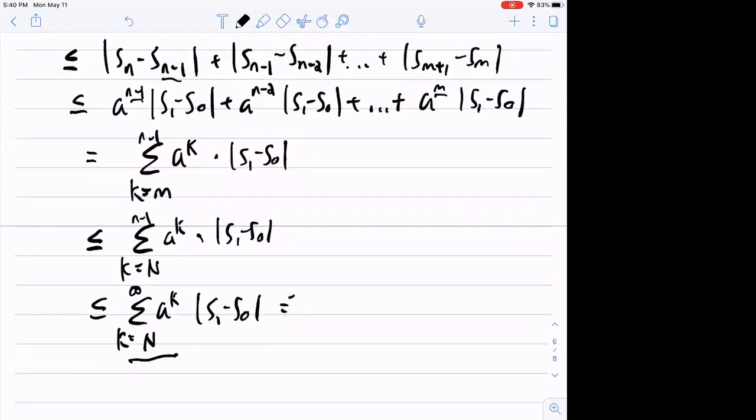So we're done, we're smaller than epsilon. The S1 minus S0 didn't matter. I just needed a fixed thing. You could have done S2 minus S1, and your power of a would have just changed. But in the end, you just need something that doesn't depend on n and m.